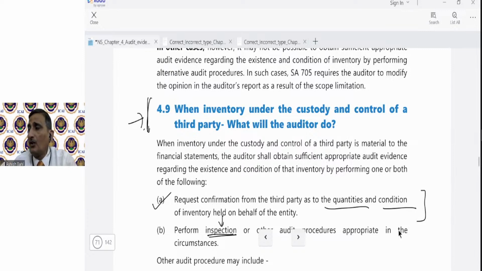Yes, Ashok. Now you are saying, should the auditor attach the evidence to the report? No, he is not to attach. He does not attach the evidence to his report. What he does is he keeps the evidence in an audit file with him. It is part of his audit working papers.